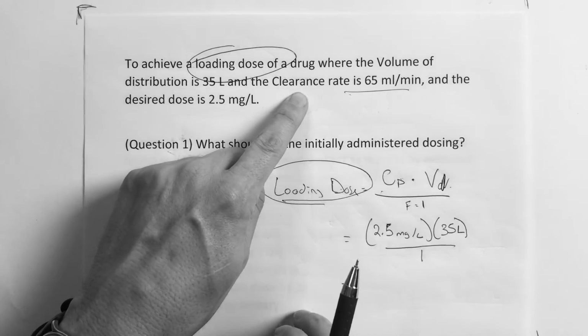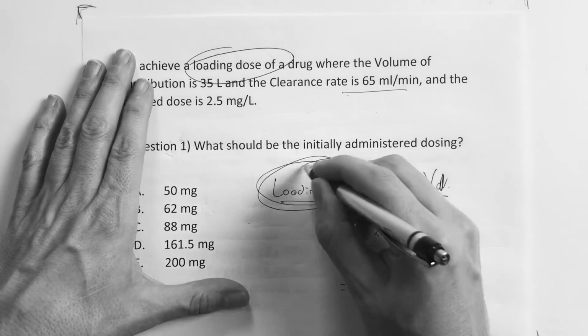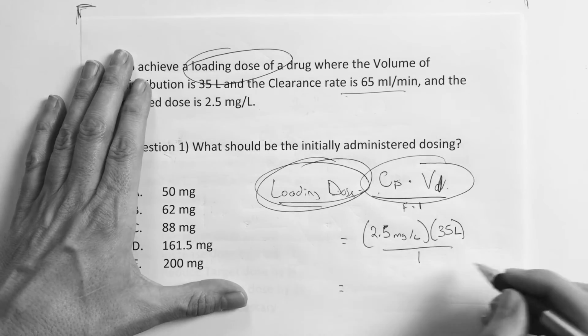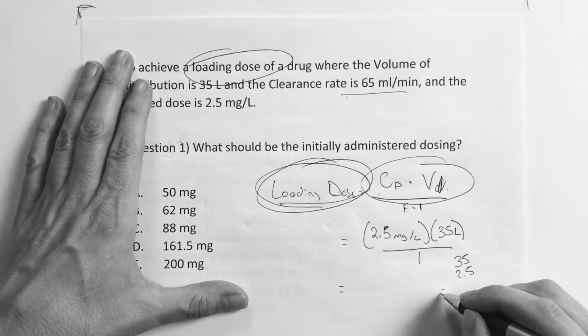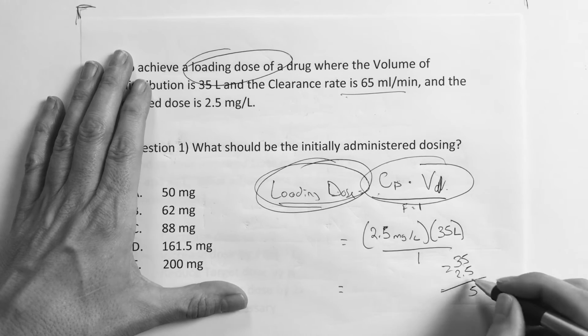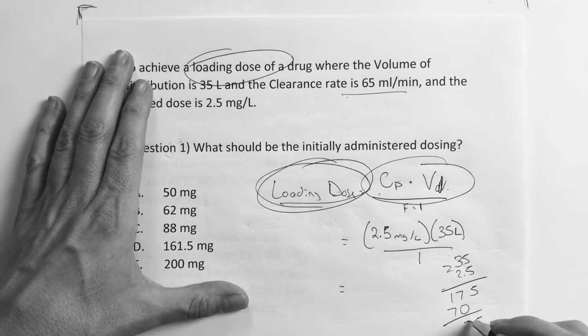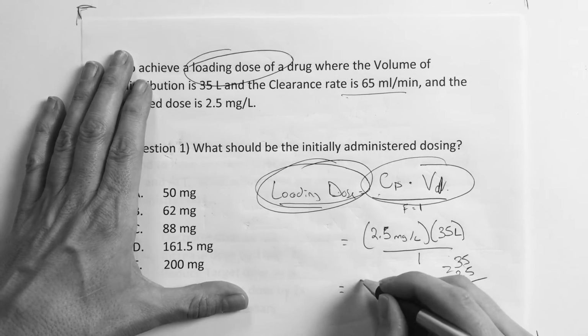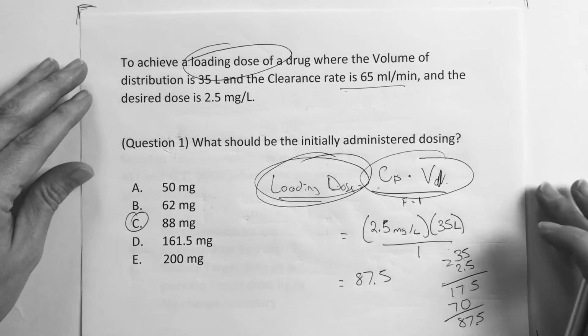If they said maintenance dose, we'd have to fire that in there, but it's loading dose. Only this stuff. So when you multiply this, you get 87.5, or 88 milligrams.